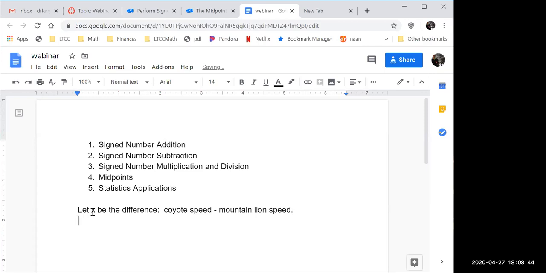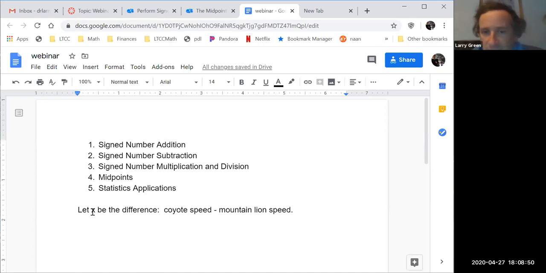Could that be negative? What do you think? Is it possible for that to be negative? Yeah, it definitely can be negative. And in fact, what does it mean for it to be negative?